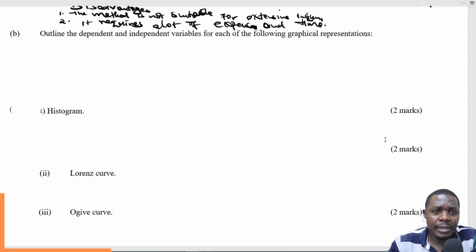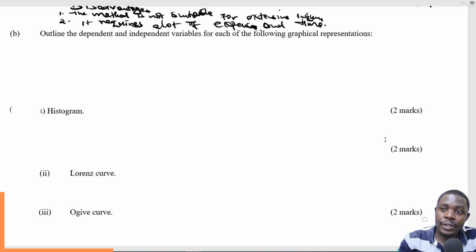B, they said outline the dependent and independent variables for each of the following graphical representations. In this case, it just says symbol.